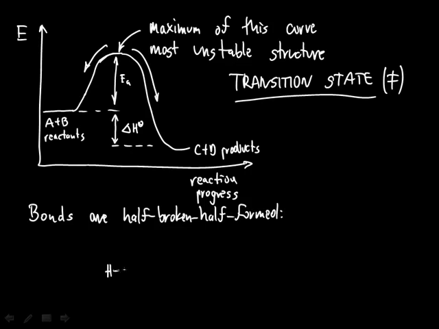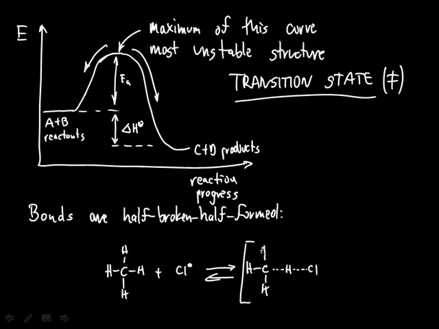In our example of chlorination of methane, we can look at this transition state where the chlorine abstracts the hydrogen from methane, but in the transition state itself, this bond is half broken and this bond is half formed, resulting in something that looks like that, and then finally this collapses into our product, HCl.